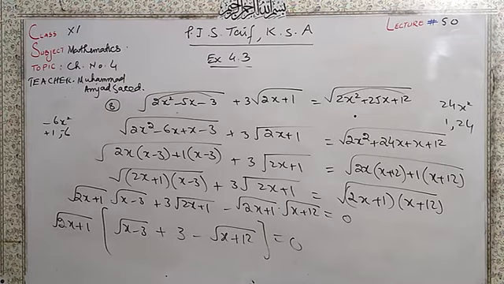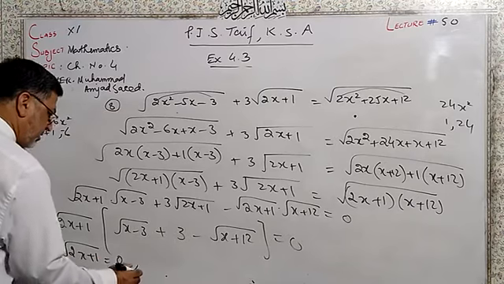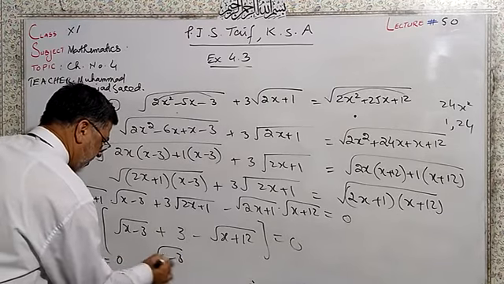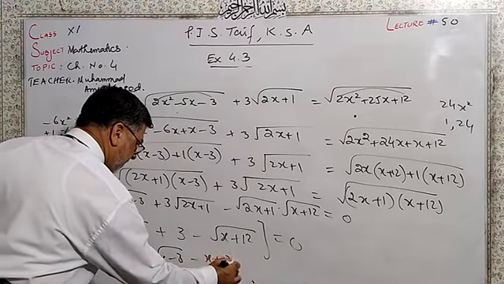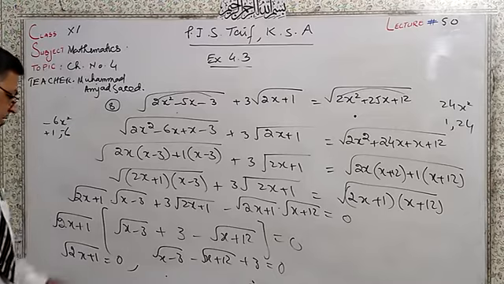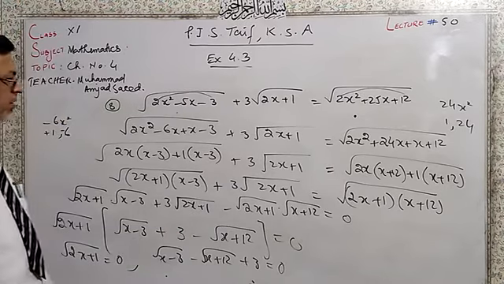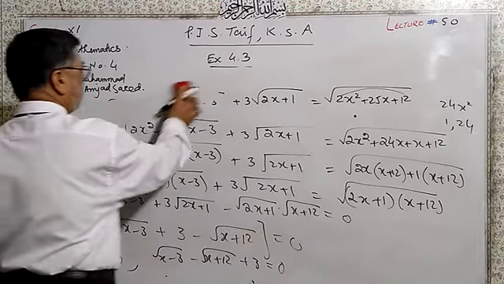So we have root of 2x plus 1 is equal to 0, and root of x minus 3 minus root of x plus 12 plus 3 is equal to 0. I have written the first and third terms first and then the second at the end. No problem, no difference at all.